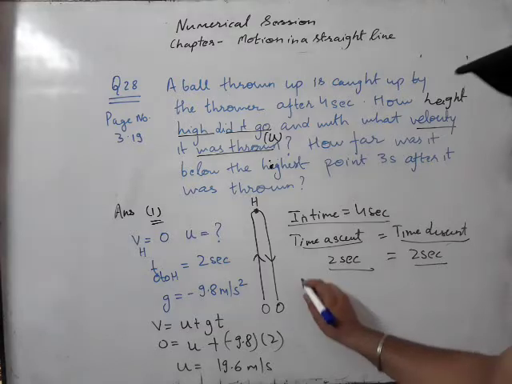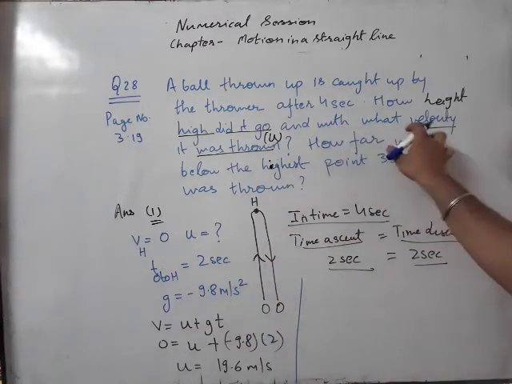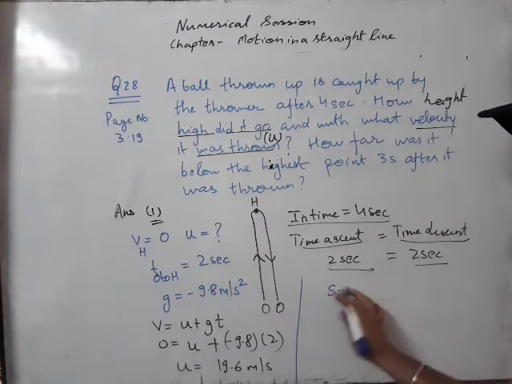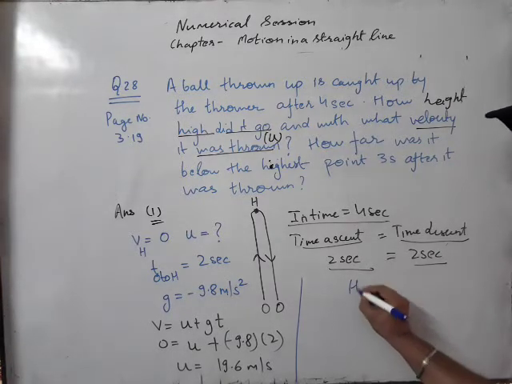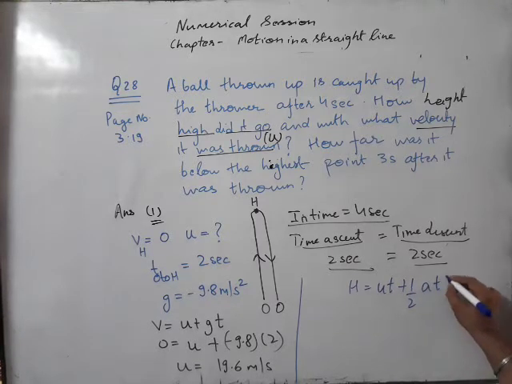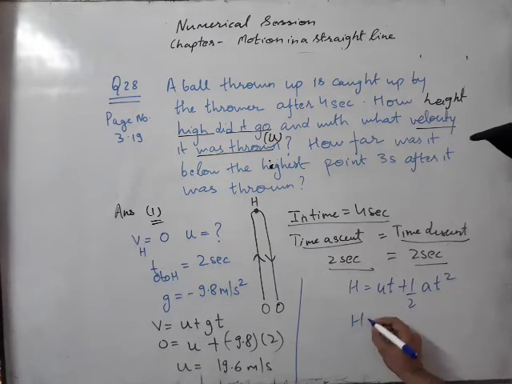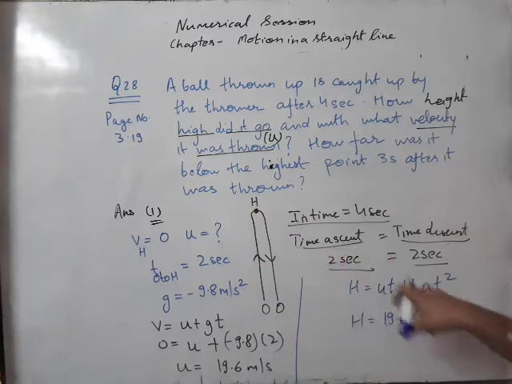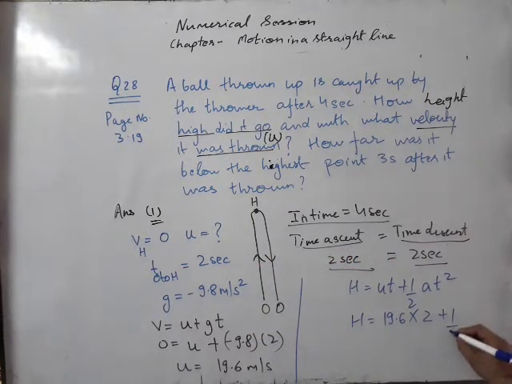Second part we are doing now of the first part, that is height. Height we have to find out. For that we will be applying the equation h is equal to ut plus half of at square. H we have to find out, u we have already found, 19.6. Time taken to reach from O to H, time of ascent, is 2, plus half of a, that will be minus 9.8, because it is against the gravity.